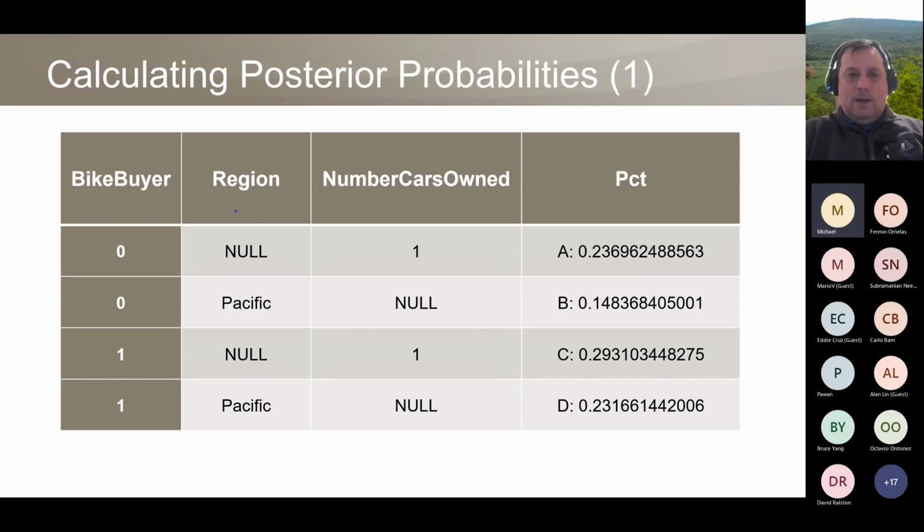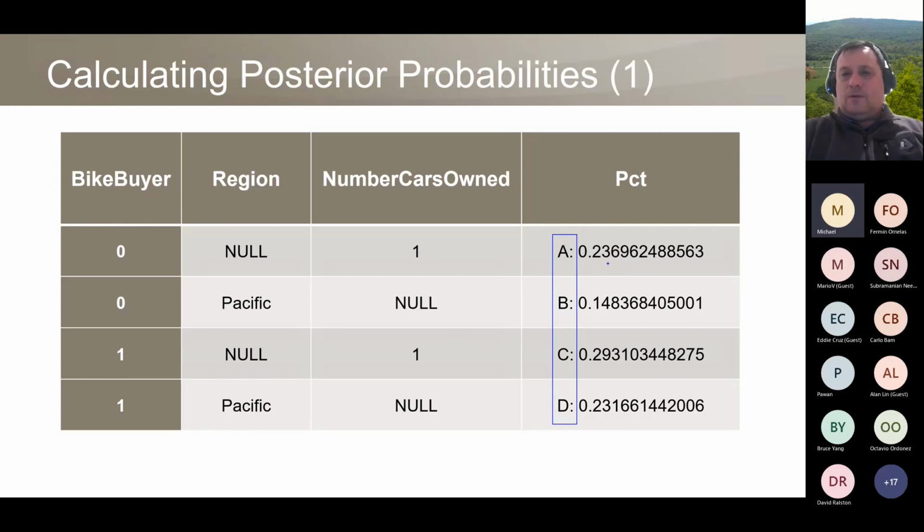So I have here a region and number of cars owned, and let's call these results A, B, C, and D. So these 4 values. A means distribution.